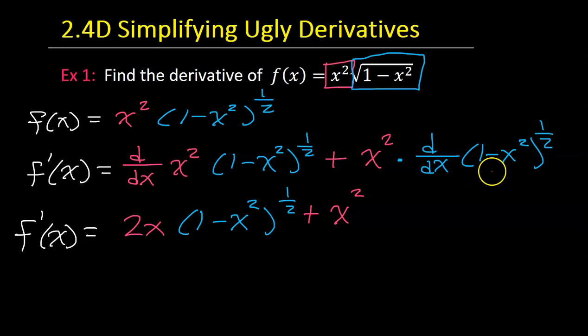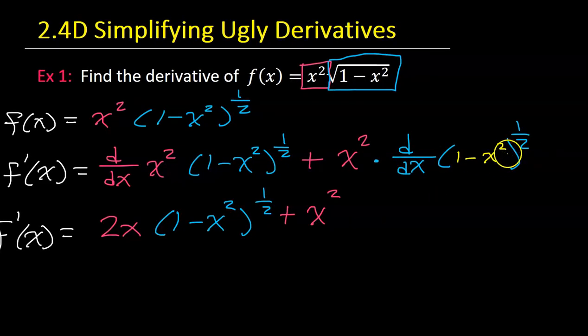Notice that this is going to be the chain rule, so I'm going to colorize this a little bit further so you can see the outer function and then the inner function. So according to the chain rule, first we take the derivative of the outer function.